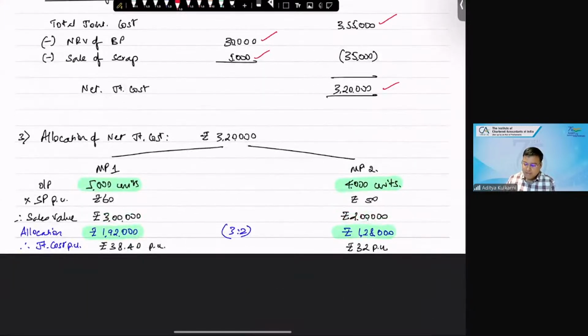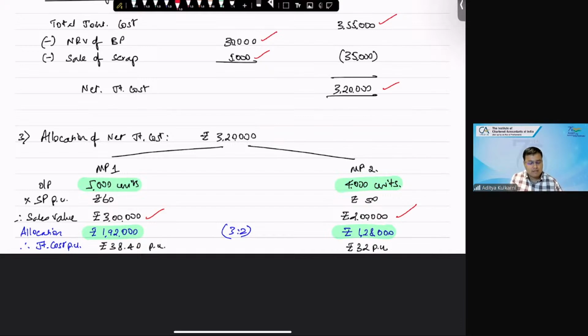So 5,000 into 60 is 3 lakhs. 4,000 into 50 is 2 lakhs. I will allocate 3,20,000 in the ratio of 3:2. That is 1,92,000 and 1,28,000. So your joint cost per unit, 1,92,000 divided by 5,000, 38.4.